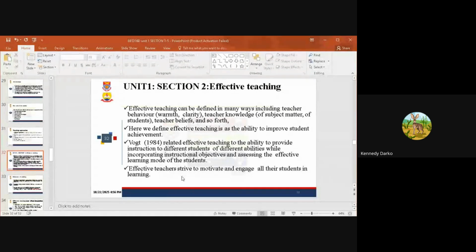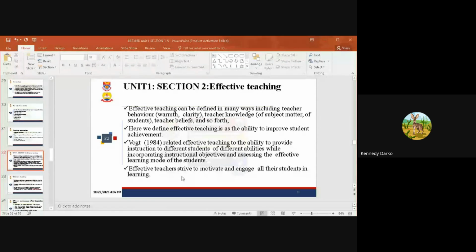Are you able to explain things for the students to understand well? Then your beliefs and so forth. Because if I'm an atheist, I don't trust God, so when I go to class, I say, hey, there's no God, don't say God here. No. Your beliefs must conform to the curriculum.